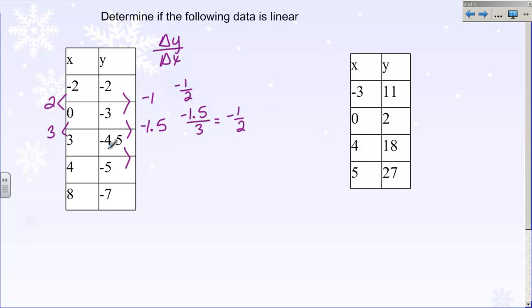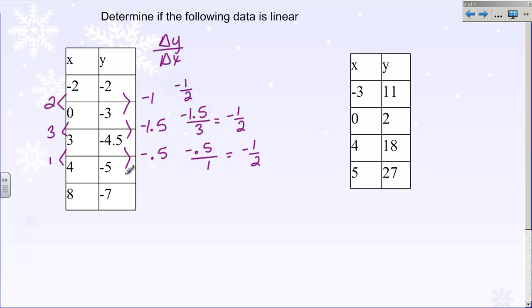This one, from -4.5 to -5 is a change of -0.5, and from 3 to 4 is a change of 1. So my slope here is -0.5 over 1. Well, again, this does not look like these two, but it will simplify. -0.5 is the same thing as -1/2, and -1/2 over 1 is just -1/2. So still, my slopes are the same.